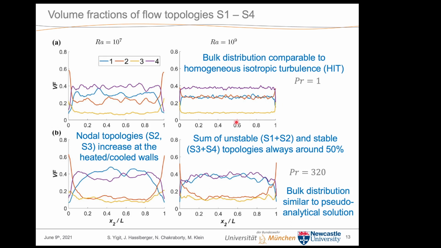But finally, if the turbulence is not strong enough, then the distribution of flow topologies in the bulk is close to a pseudo-analytical solution that we have derived earlier: about 40% focal topologies and 10% nodal topologies.